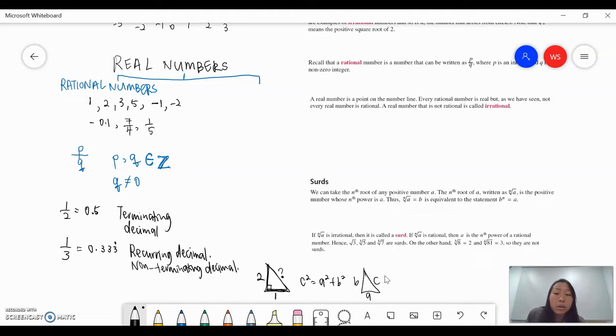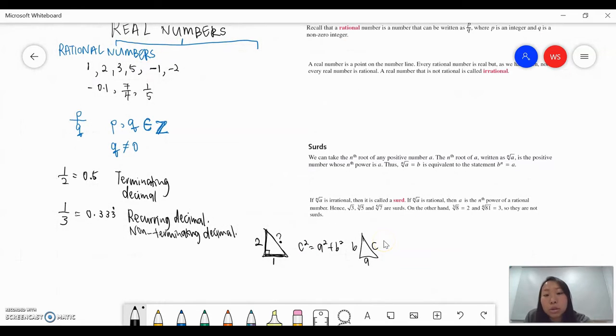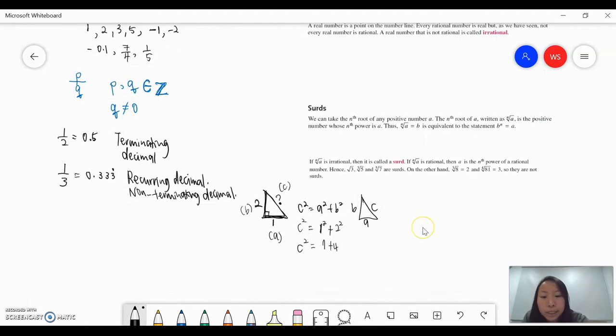So subbing in your numbers, if you're trying to find out what c is, let's say this is a and this is b, then this will be c here. So I'll sub in my numbers: c squared equals 1 squared plus 2 squared. Then I'll simplify that before the next step. 1 plus 4 gives me 5, so c squared equals 5.